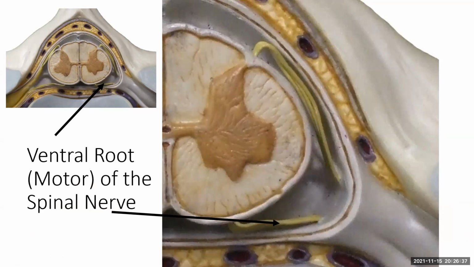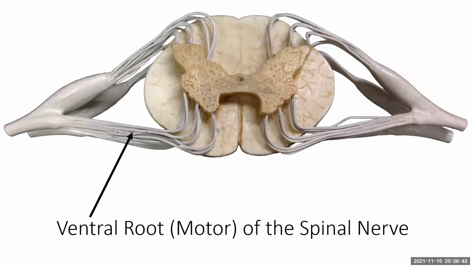And that's going to contain the motor axons that are traveling out to the effectors. So there you have it, the ventral root of the spinal nerve, also known as the anterior root, or you can refer to it as the motor root.